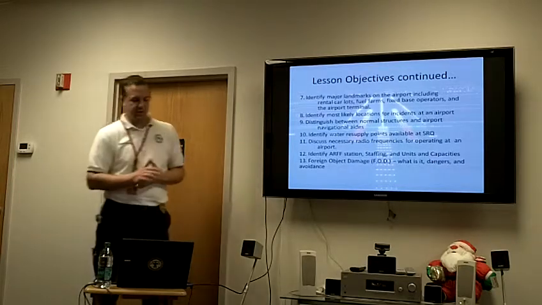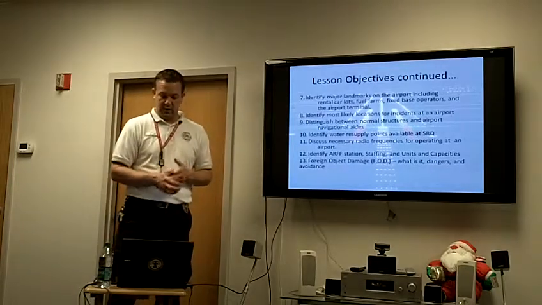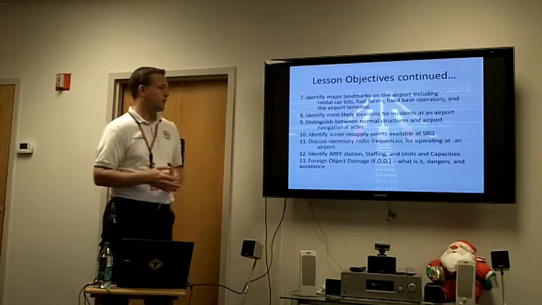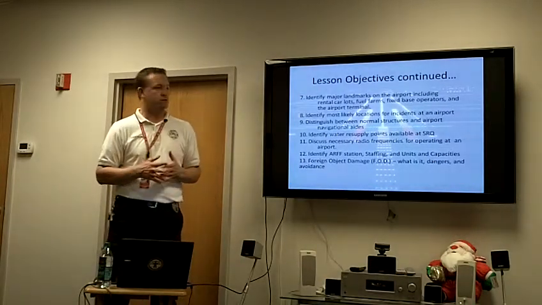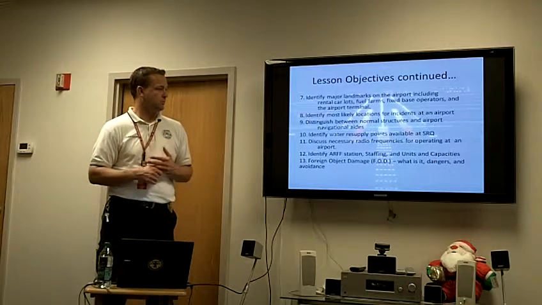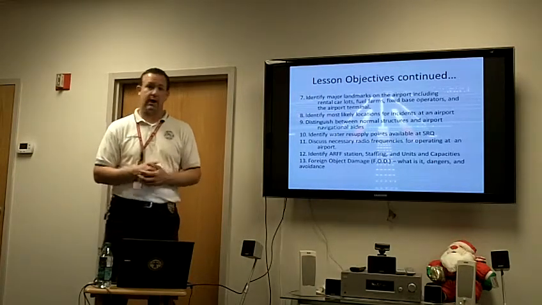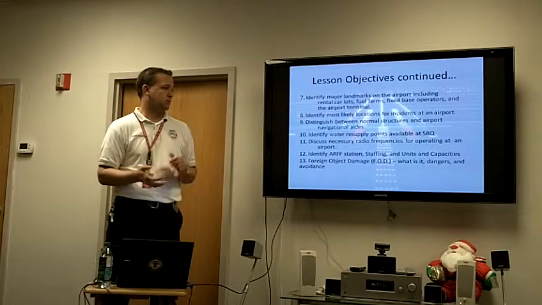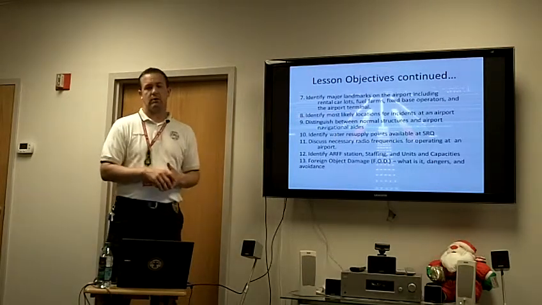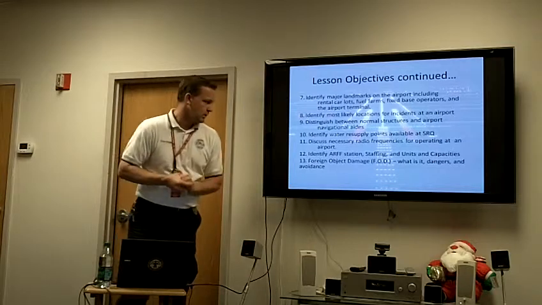Then we're going to identify major landmarks in the airport, such as rental car lots, the fuel farms, fixed base operators, and the airport terminal. We're going to identify most likely locations for incidents at an airport. We're going to distinguish between normal structures and airport navigational aids.